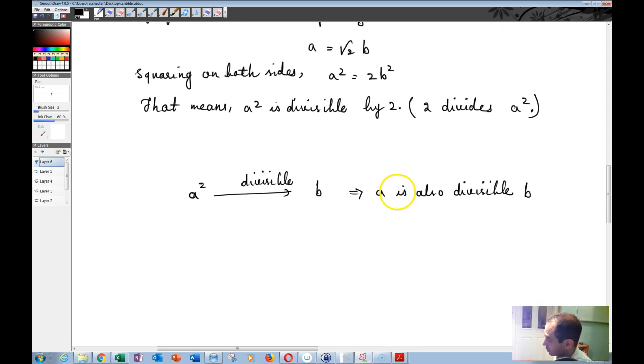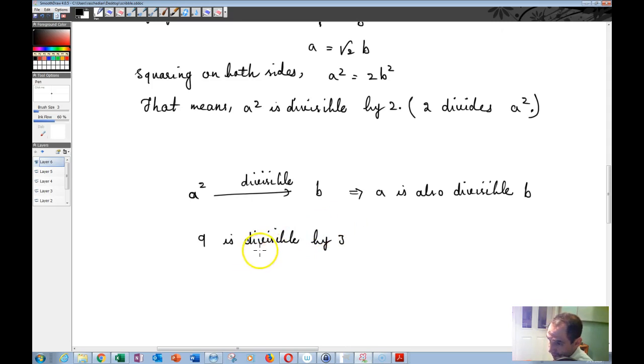For example, let's say that 9 is divisible by 3.